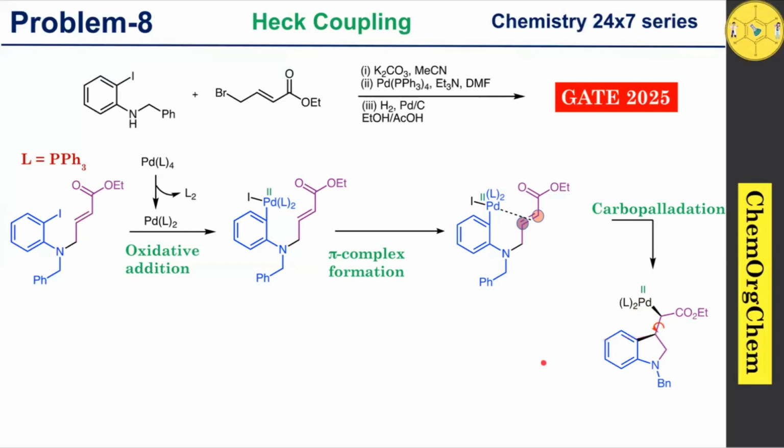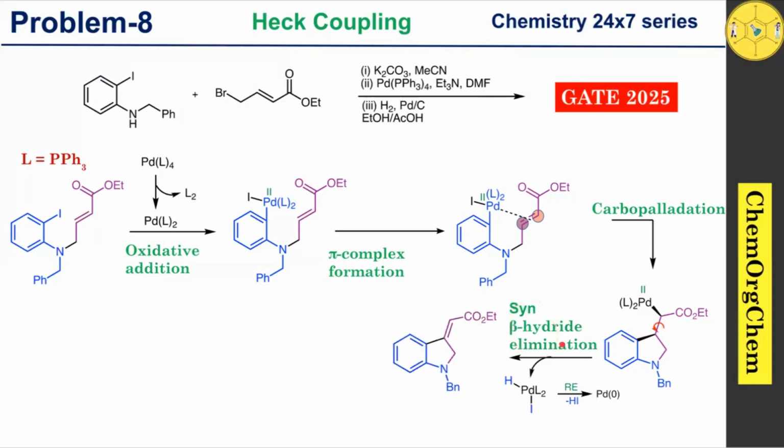As a result, it undergoes syn beta hydride elimination to produce this respective intermediate along with this particular palladium complex intermediate, which then undergoes reductive elimination to regenerate the palladium zero catalyst. Now this intermediate quickly undergoes isomerization to produce the indole product.